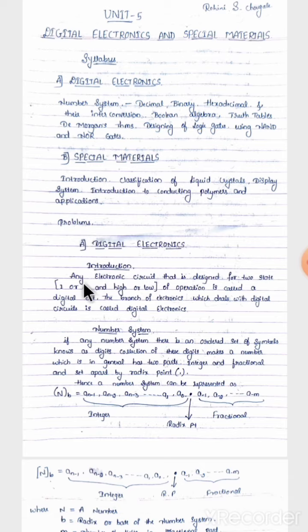So introduction: any electronic circuit that is designed for two states, that is 1 or 0. Both may be input, may be output, one input or one output, or 1 as the input, 0 as the output, like that only. Here 1 indicates high and 0 indicates low. Operation of a circuit designed for two states, 1 or 0, is called a digital circuit.